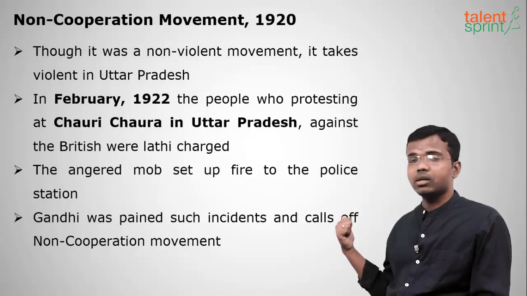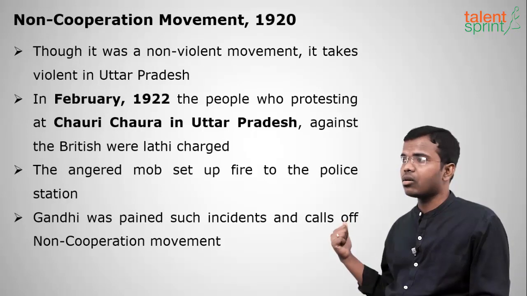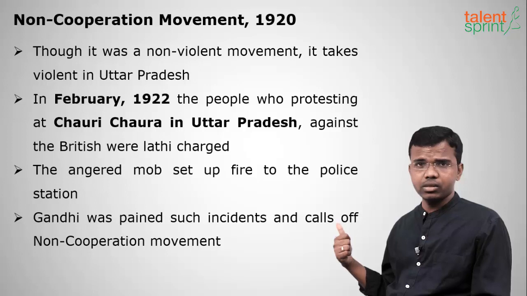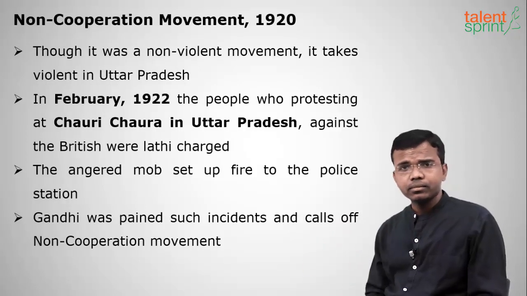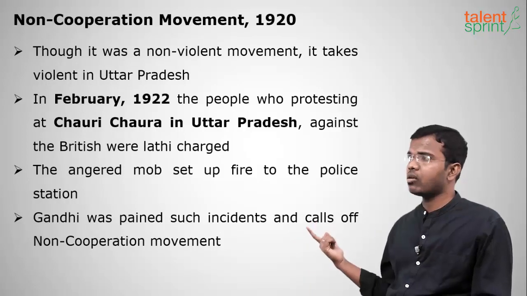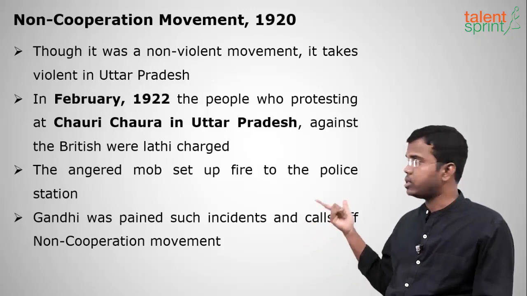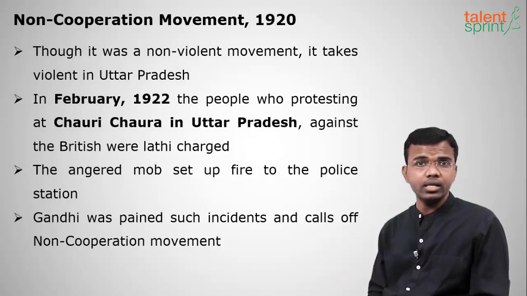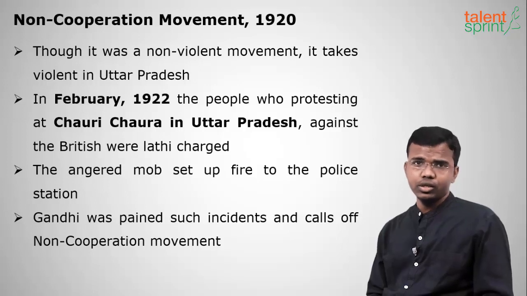So now the non-cooperation movement takes a violent tinge. Gandhiji will not accept this violent tinge. So then and there he will cancel the non-cooperation movement in 1922. So the non-cooperation movement ends with the Chauri Chaura incident in Uttar Pradesh in 1922.